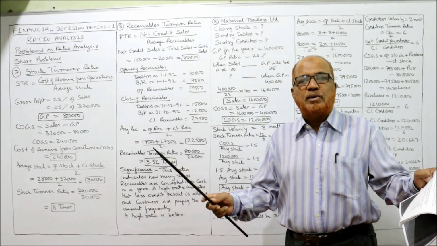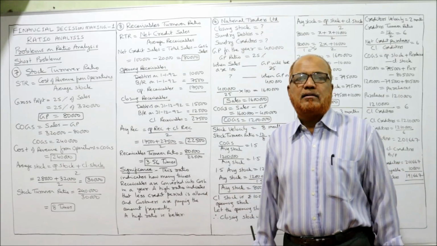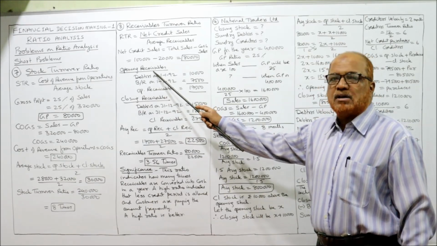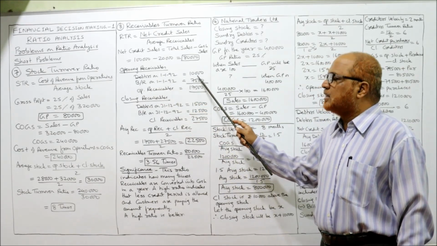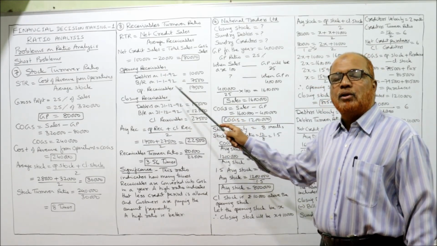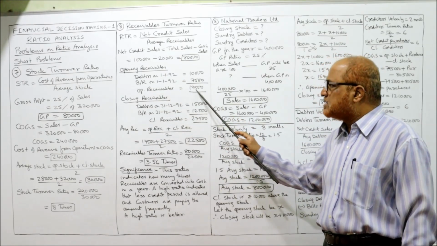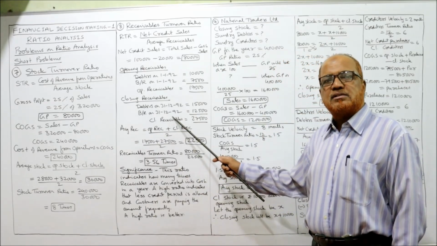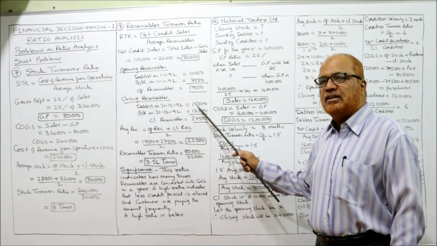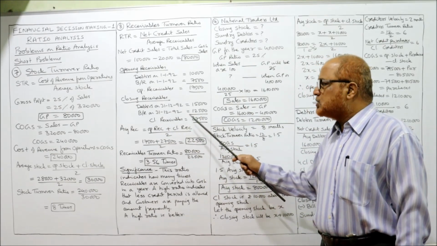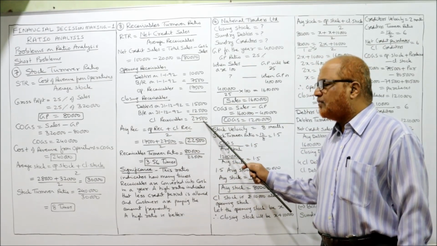So bills receivable should be added to get the total receivables. Opening debtors 10,000, opening bills receivable 7,500. The total opening receivables are 17,500. Similarly, closing debtors are 15,000, closing bills receivable is 12,500. So closing receivables are 27,500.